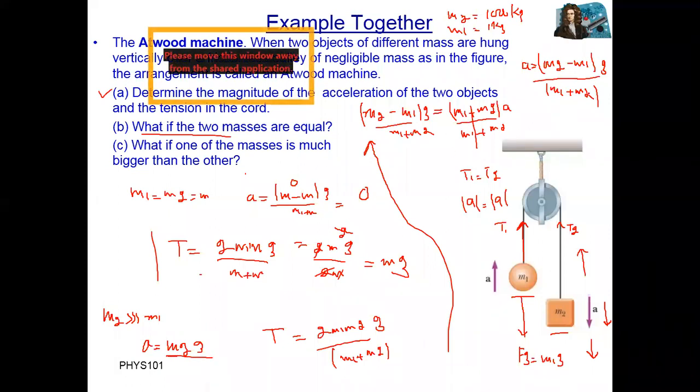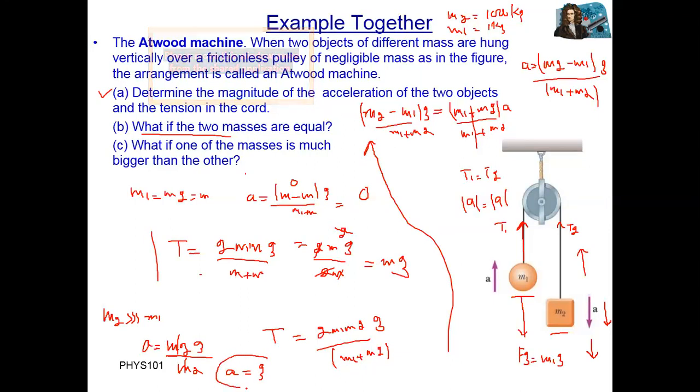Same, if you add 1000 kg plus 1, or subtract, it is negligible. So we have only m2 in the denominator, and m2 cancels with m2. So we have the equation a is equal to g.